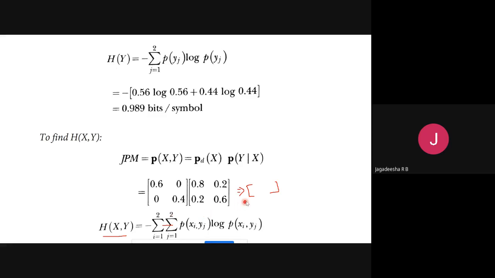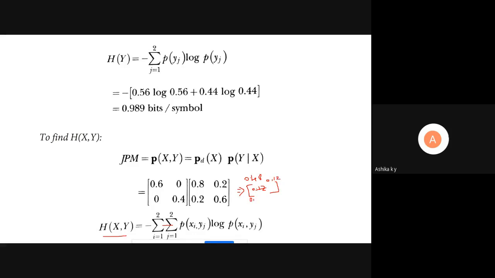Okay, now, do you have the answer for this? 0.48. Let me write it down. Okay, 0.48, the first 0.12, 0.08, 0.24. The rows are 0.48 and 0.12, and the next row is 0.08 and 0.24.